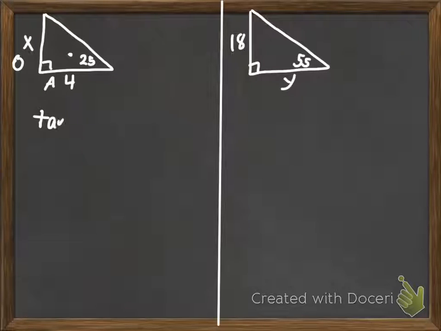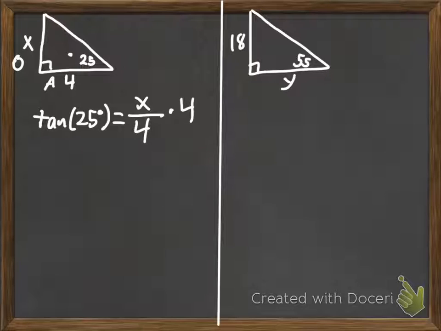So we're going to do the tangent of 25 degrees equals opposite over adjacent, so x over 4. Variable's in the numerator, so we're going to multiply. So x equals 4 times the tangent of 25, which is 1.9.